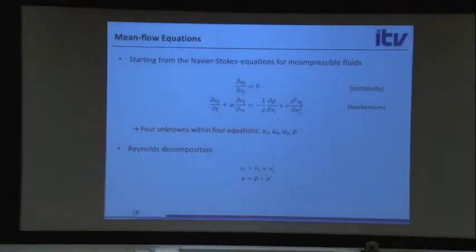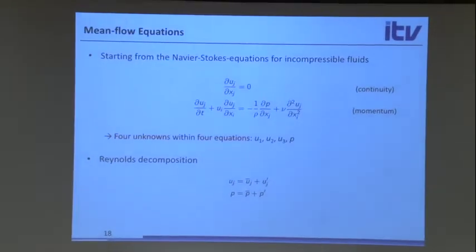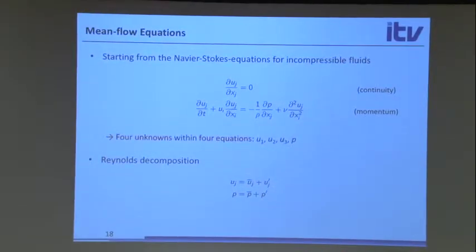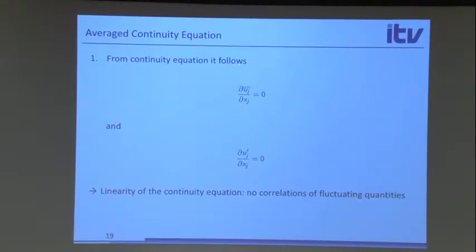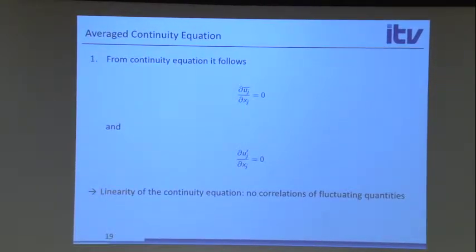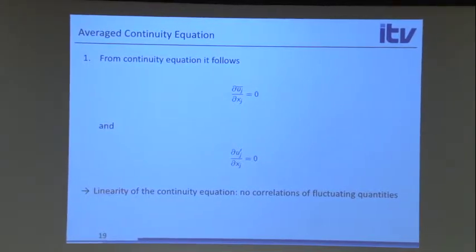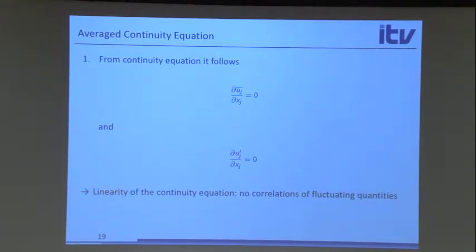And from this, we started out with the continuity and momentum equation, and we introduced the Reynolds decomposition, and we did this for the continuity equation, and we saw that if we do this, then we get the exact same equation also for the mean and also for the fluctuating value.